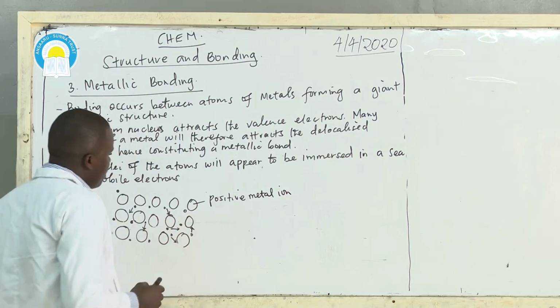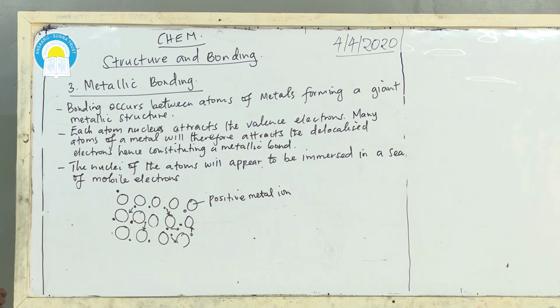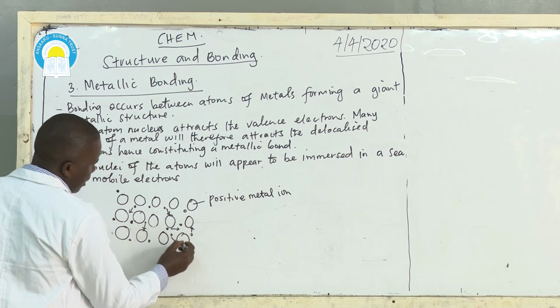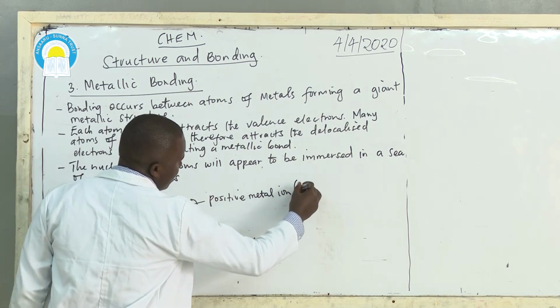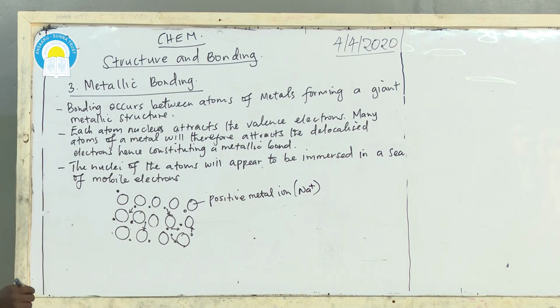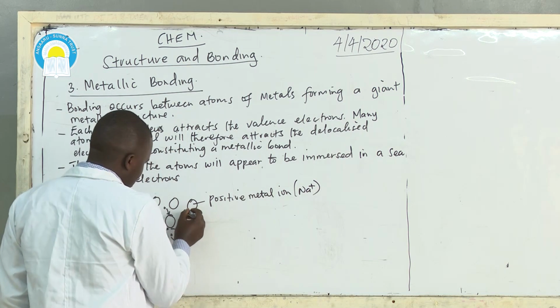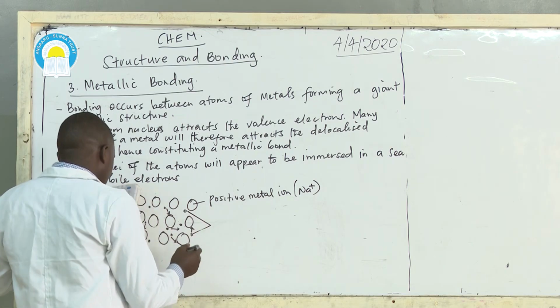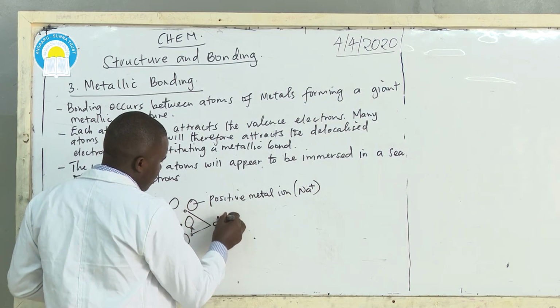So for example, if this one is sodium, because we are seeing each atom has 1 delocalized electron, then it will be a charge of Na positive 1. Then these are now the delocalized electrons.